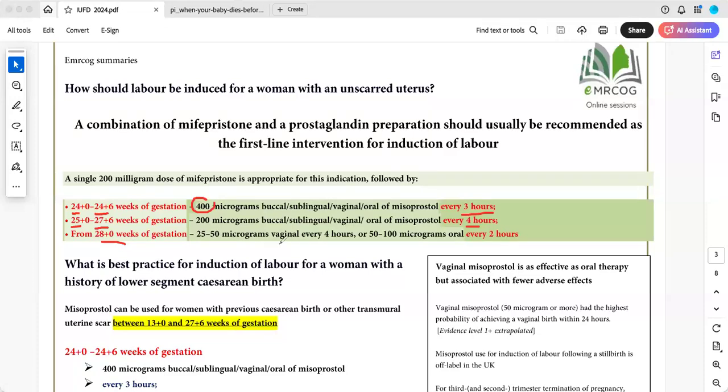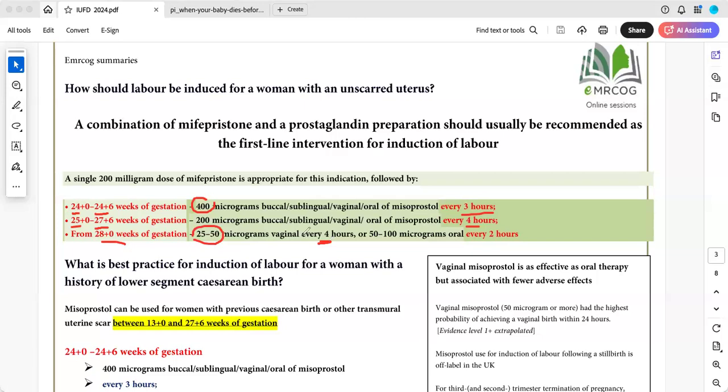So, my friends, from 28 weeks of gestation, there is a difference between the oral dose and the vaginal dose. The vaginal dose will be 25 to 50 microgram of vaginal misoprostol every 4 hours. If we say 25, taken 6 times per day, that means 150 up to 300.